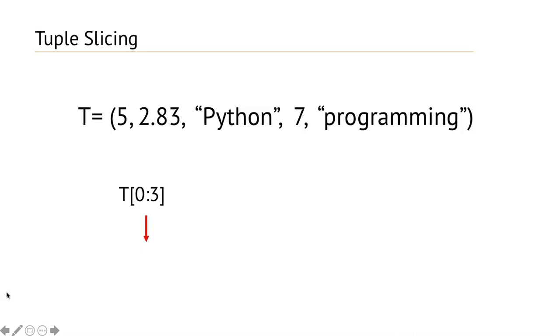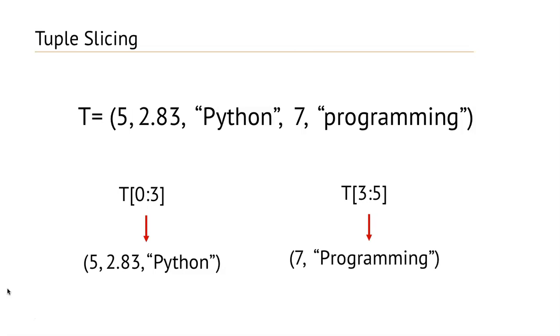That's why this will give values 5, 2.83 and Python. And in T of 3:5, the elements will start at 3 and go up to 5. That's why this will give values 7 and programming, meaning the element at index number 3 and the element at index number 4.